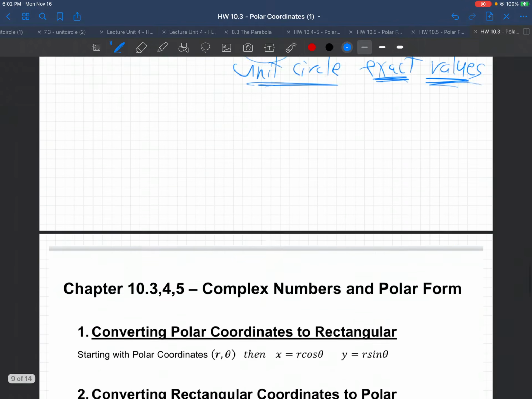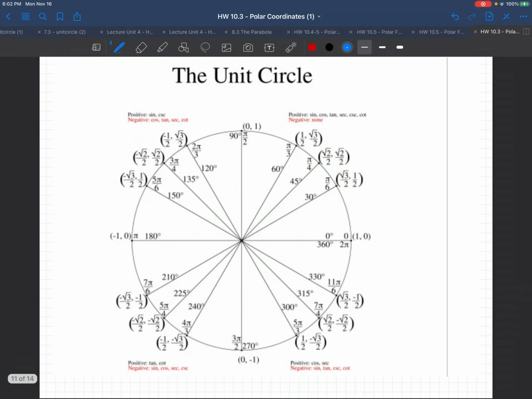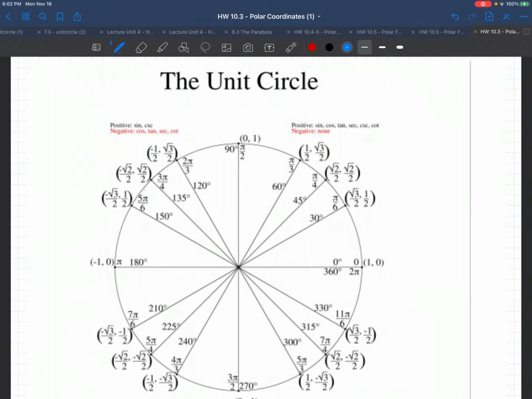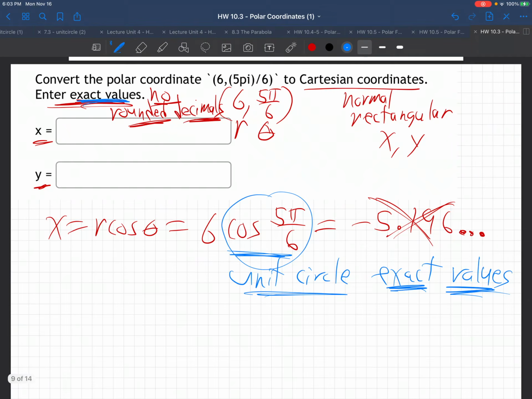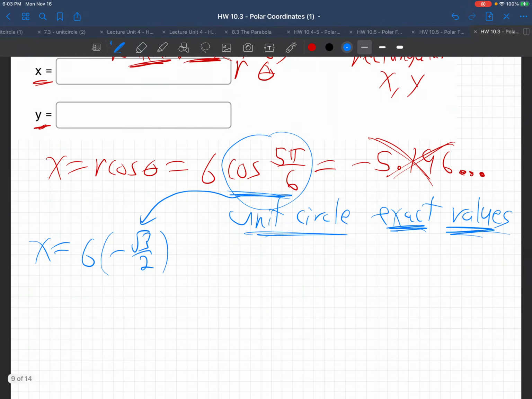Yeah, 5π/6. So 5π/6 is right here. This is the cosine and this is the sine. We want the cosine right there, negative root 3 over 2. So the x is going to be 6 times negative root 3 over 2, right? The cosine of 5π/6 is negative root 3 over 2.